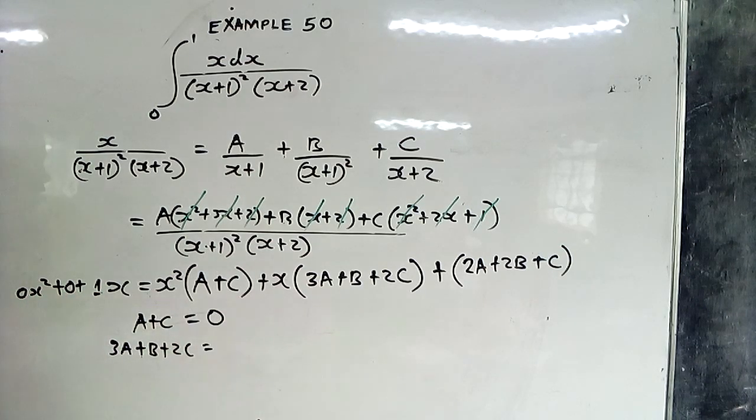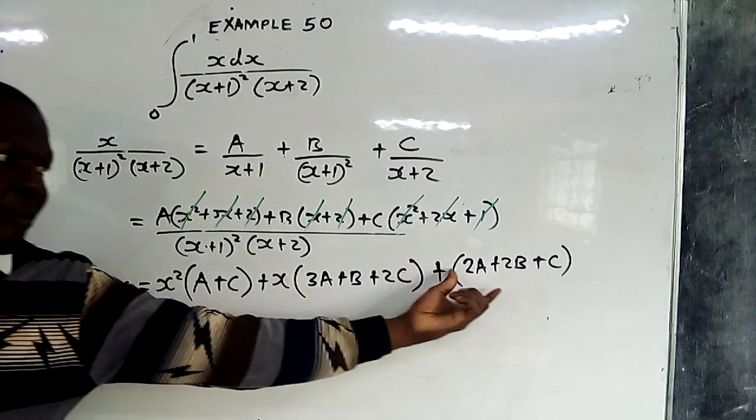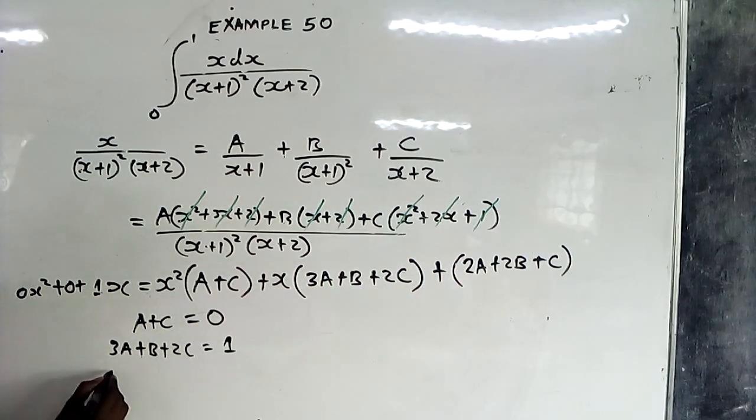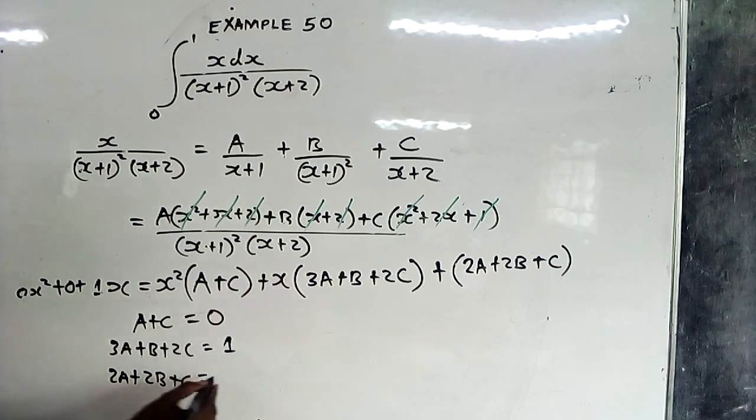Then the constant term this side is 2a plus 2b plus c, which is equal to the constant term this side. The constant term is not this side, meaning it is 0. Are we together there?